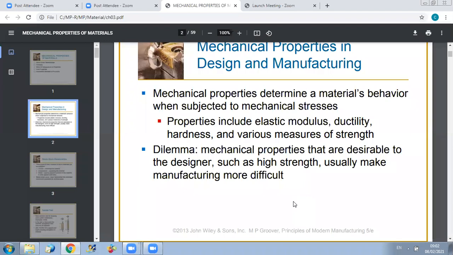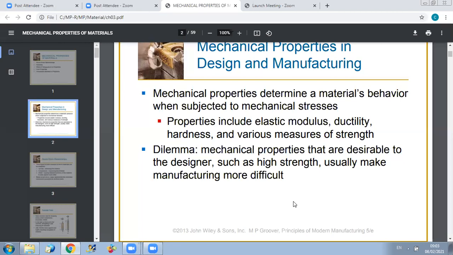So it's essential to know the properties of the object before we decide what manufacturing processes can be done to obtain the final product we want. We should know about the elasticity of the object, its ductility, its hardness, and various other measures.